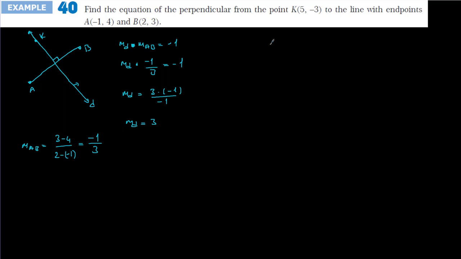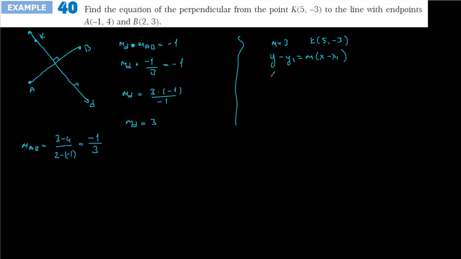So we found the slope of D, and we have the point K on the line. Since m is equal to 3 and the point is K (5, -3), we can use the formula y minus y1 is equal to m times x minus x1.